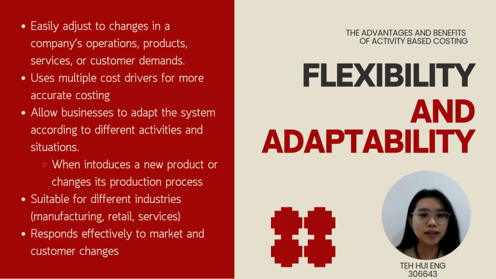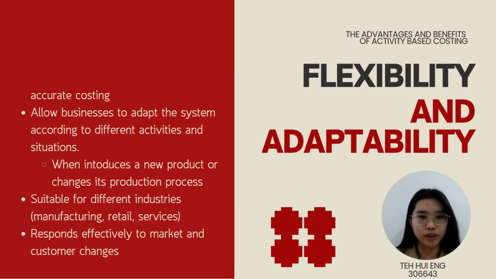This helps managers understand where resources are being used so better decisions will be made. In addition, ABC is applicable to many industries such as manufacturing, retail, and service businesses. It also helps the company improve budgeting, pricing, and resource allocation. Therefore, the flexibility and adaptability of ABC allow the business to respond more effectively to changes in the market and improve their overall cost management.